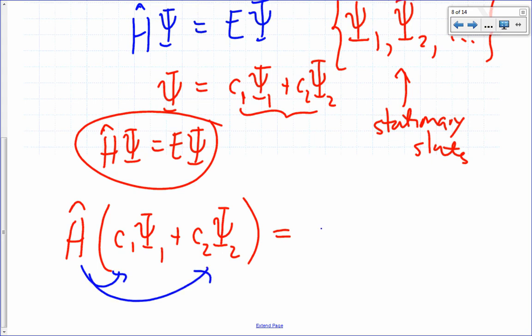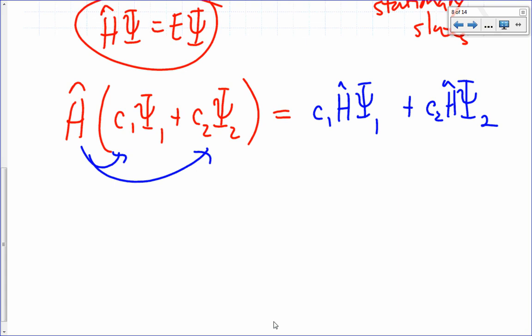So this is going to be C1 H hat psi 1 plus C2 H hat psi 2. Well, what is H hat psi 1? That's E1 psi 1. And what is H hat psi 2? E2 psi 2.